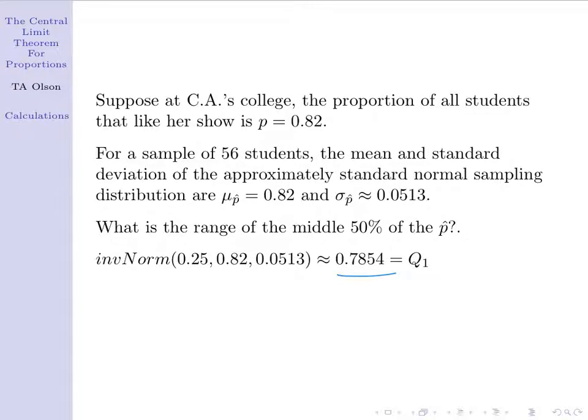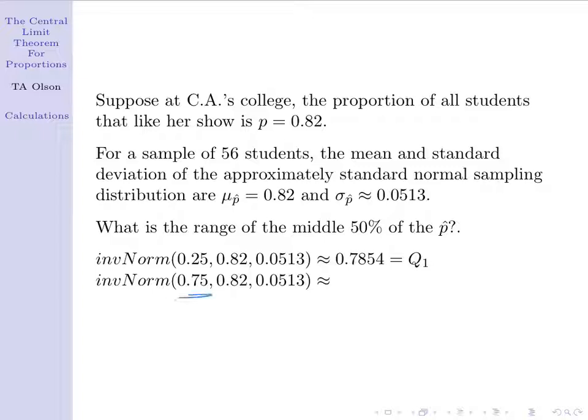That's going to be our Q1 for this value. So anything less than 0.7854, 78.54%, is going to be in the bottom quarter of the data.